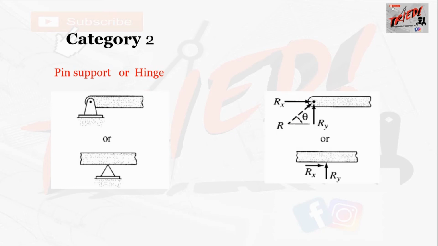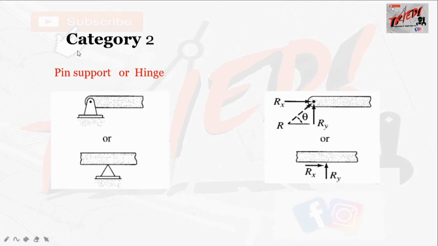It will be something like this: we're going to have a reacting force in the y-axis and a reacting force in the x-axis. Same with this one, we're also going to have the reacting force in the y-axis and the reacting force in the x-axis. Same here, reacting force y and reacting force x.